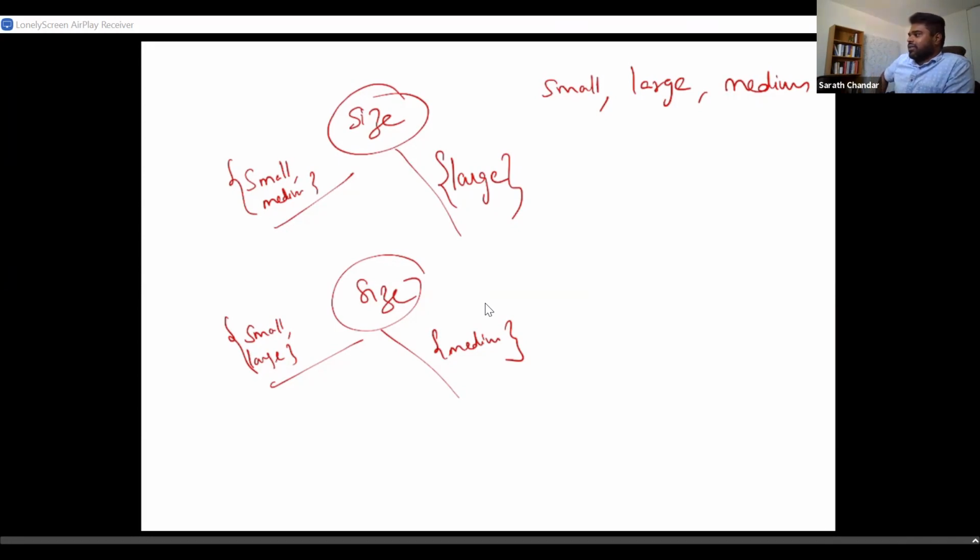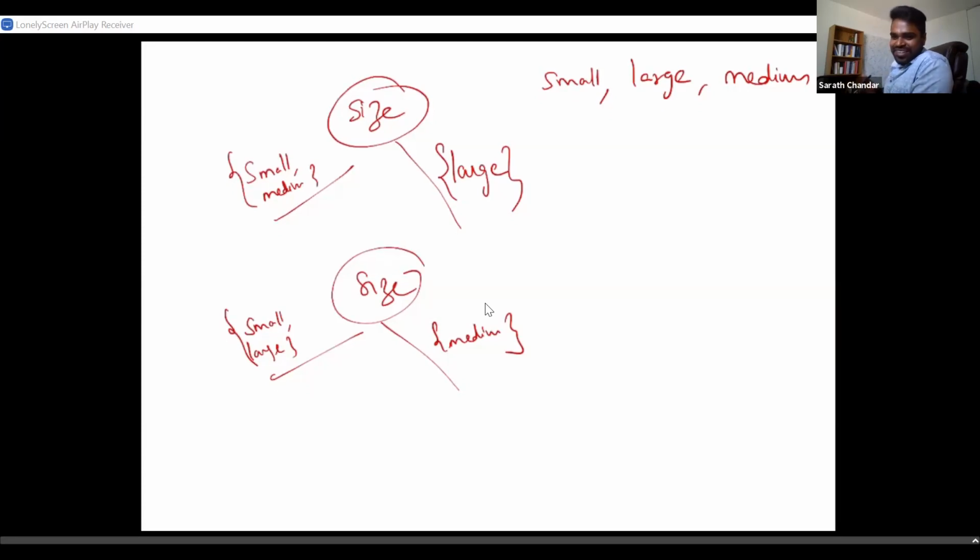Yeah, so I forgot my application, but the good thing is you guys have come up with your own applications. Okay, risk of accident in a roller coaster, where small and large need to be customized but not medium. Yeah, I think there are a lot of good examples in the chat.